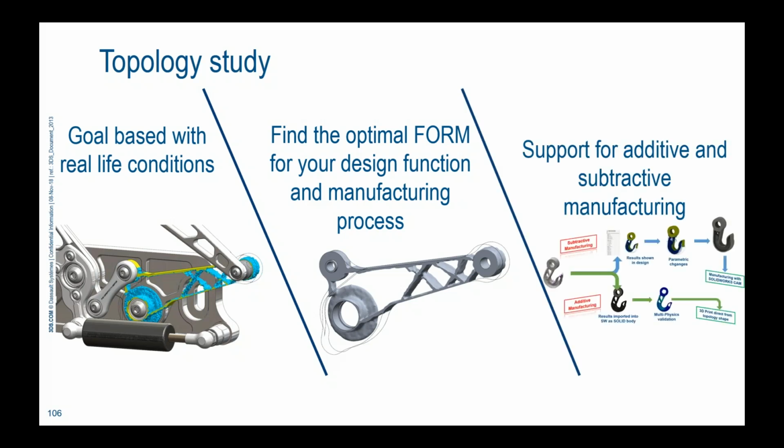Also, you have the support either for additive or subtractive manufacturing. So if you want, you can export the mesh like that and just polish that for 3D printing. Or if you want, you can use it as a base for redefining the design.